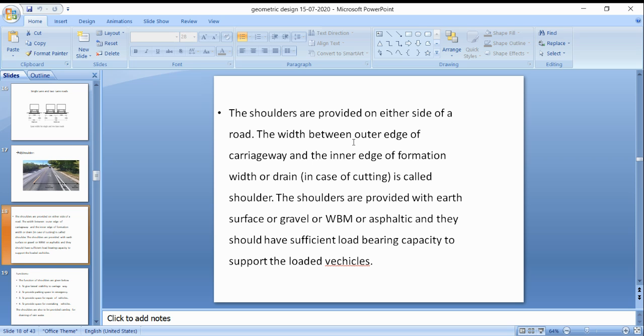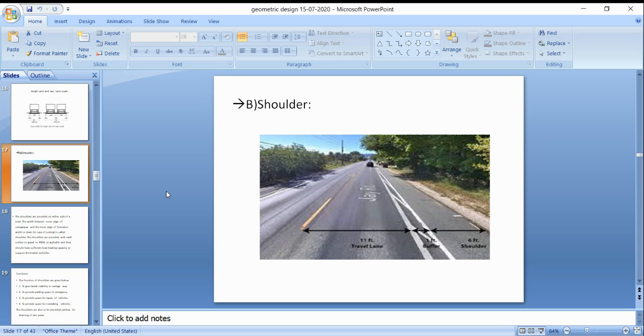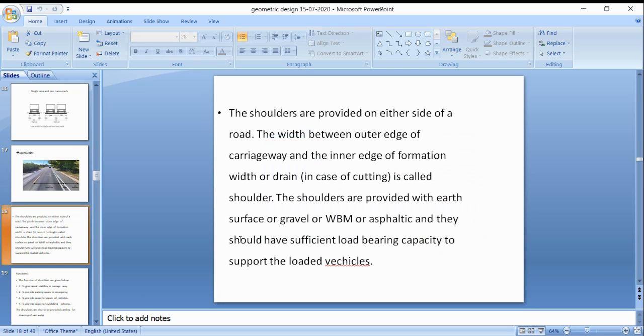The shoulders are provided with earth surface or gravel or WBM. Here we are seeing it as WBM. In some cases it may be gravel, or it may be earth also, or asphaltic.